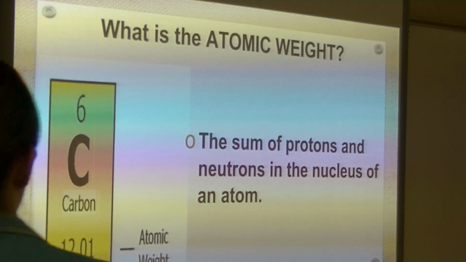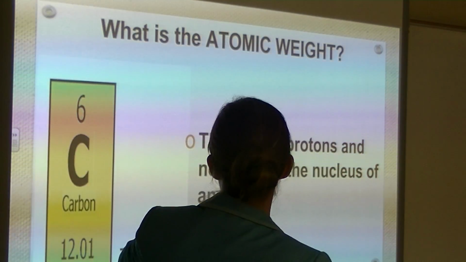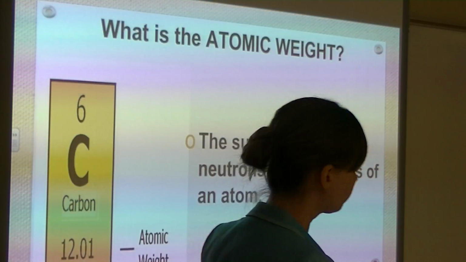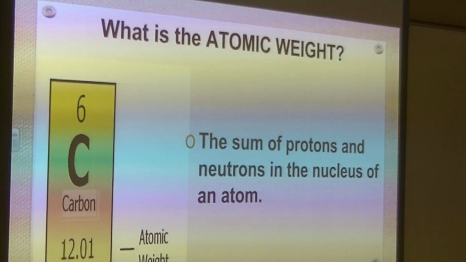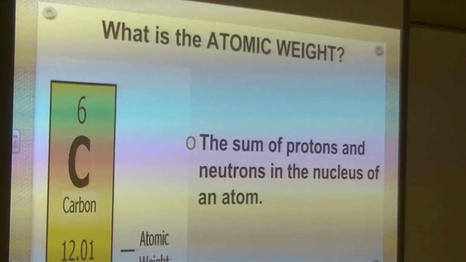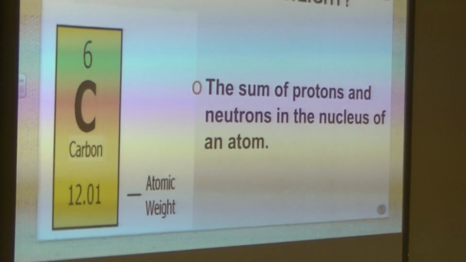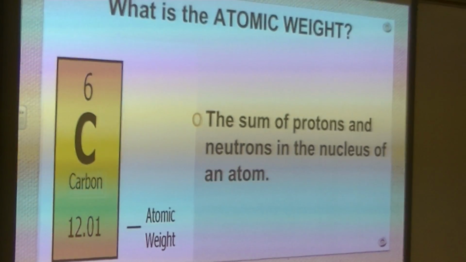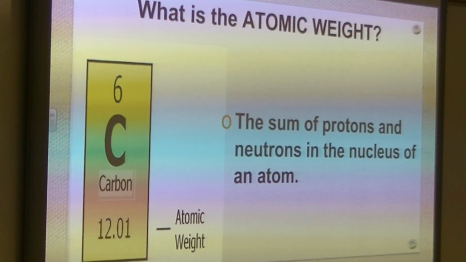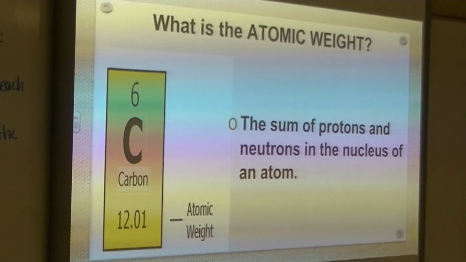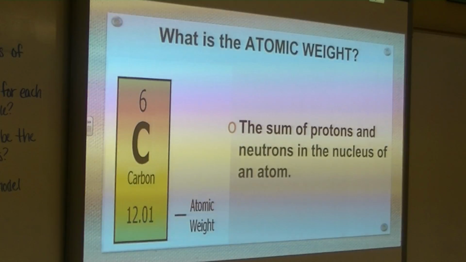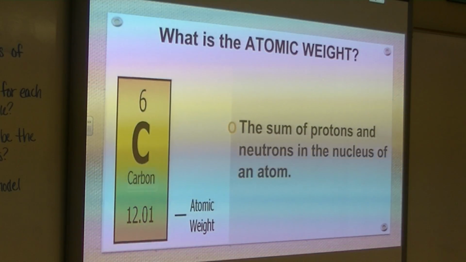Okay. The atomic weight, or atomic mass, that you'll see at the bottom, is the sum of the protons and neutrons in the nucleus of the atom. It is also, and what I want you to write in your blank, the number of neutrons is equal to the atomic mass minus the atomic number.